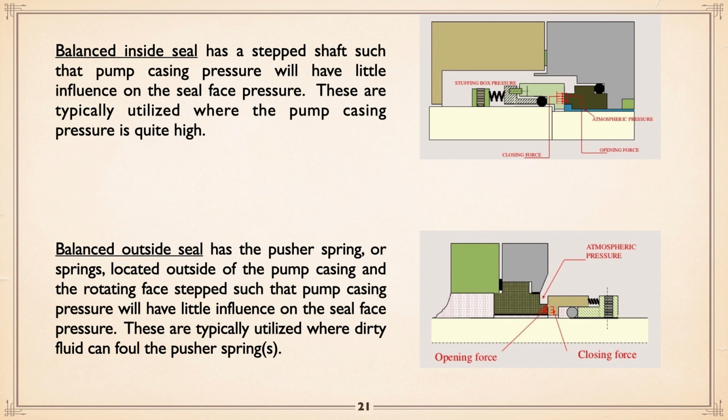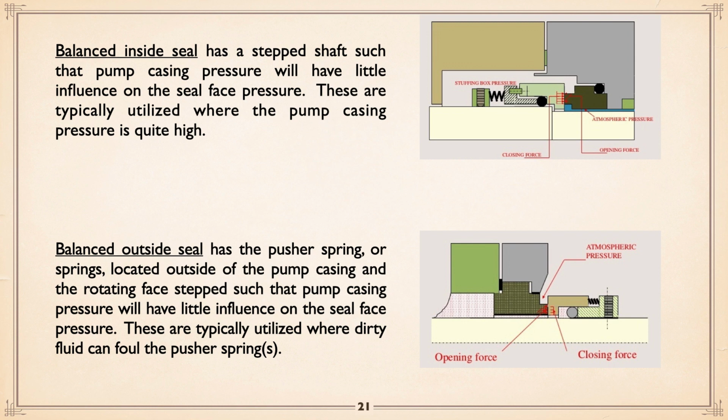Inside means most of the seal is on the inside towards the impeller. So a balanced seal has a little step so that if you look at where there's all those little arrows, the contact pressure on the faces is almost independent of what the pump discharge pressure is. The pressure required is being provided by the spring.